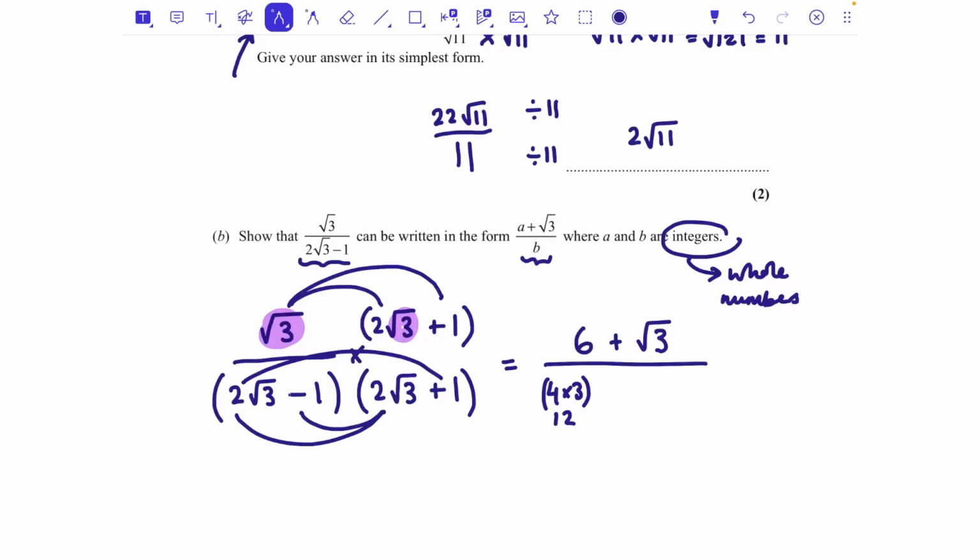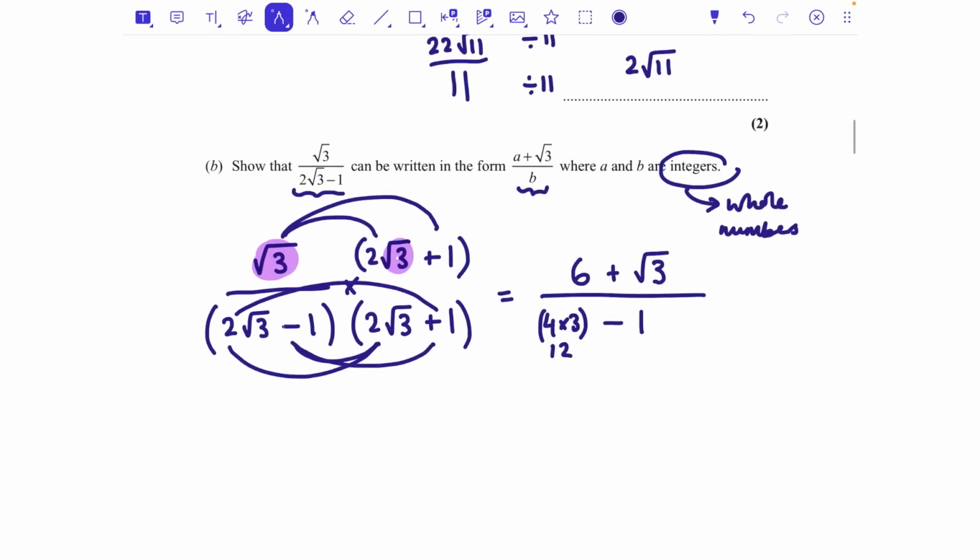So that's just going to cancel out. And then we've got minus 1 times minus 1, which is take away 1. So altogether, I'm left with 6 add root 3 over 12 take away 1, which is just 11. And now we've got it in that form that they asked us for, 6 add root 3 over 11, and that would be our final answer.